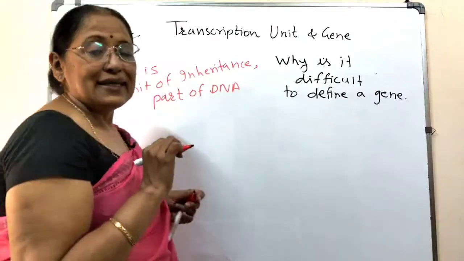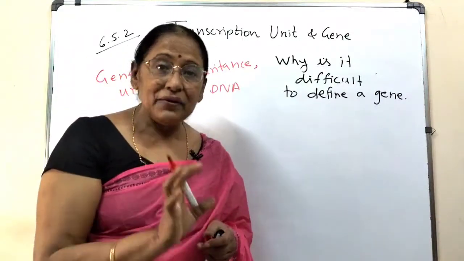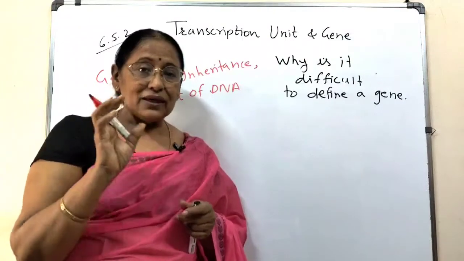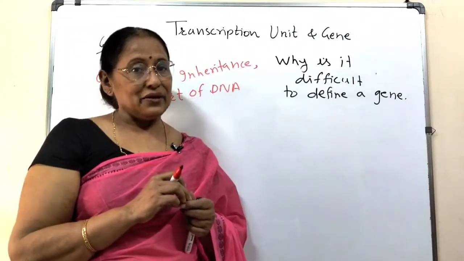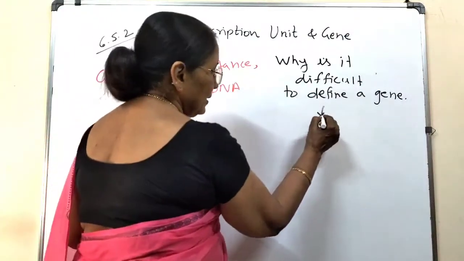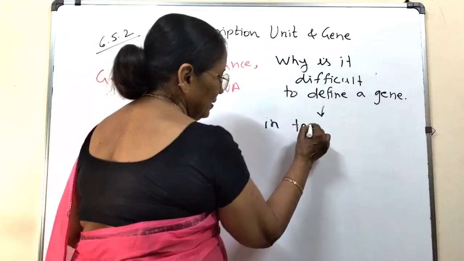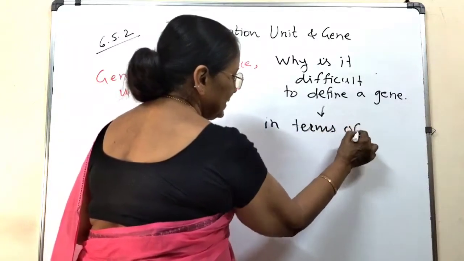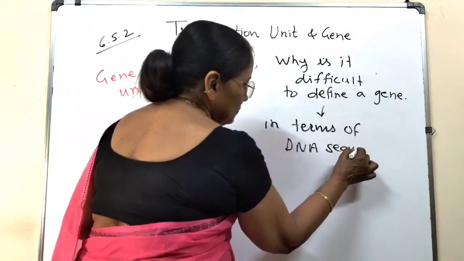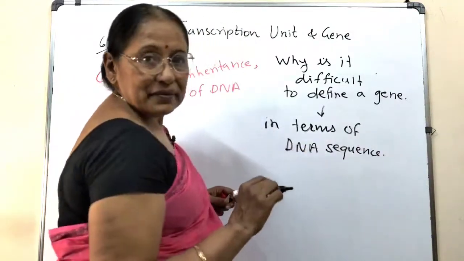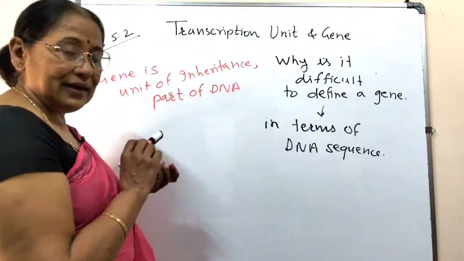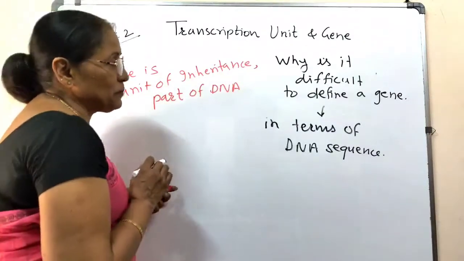Now your NCERT says that it is very difficult to define a gene in terms of DNA sequence. There are 4 points which are discussed. Let us take them one by one and let us see what it means.